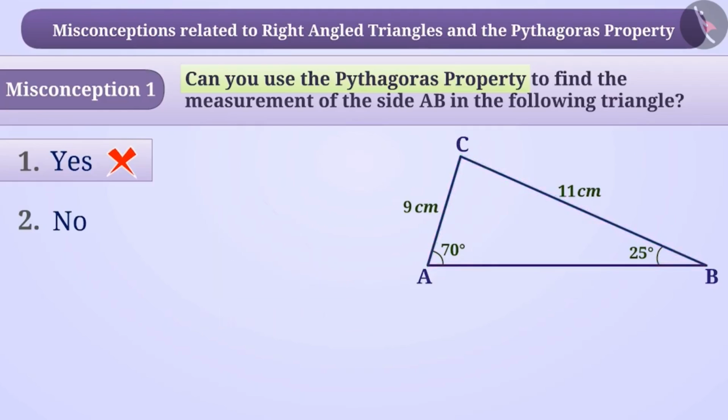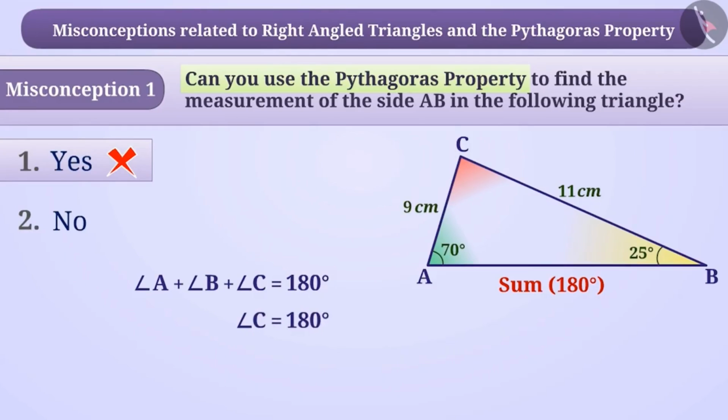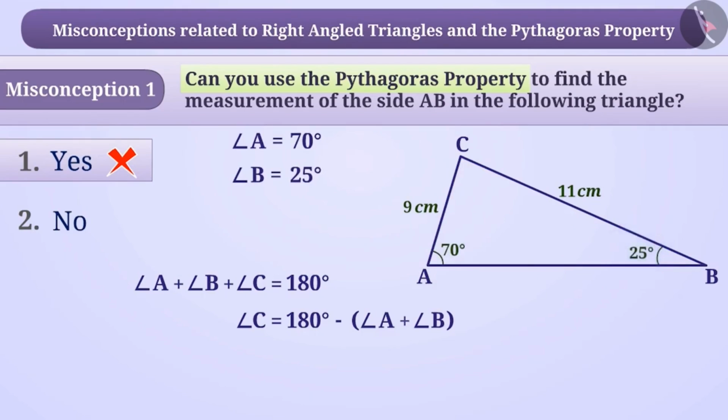We know that the sum of the 3 interior angles of a triangle is 180 degree. That is, angle A plus angle B plus angle C is equal to 180 degree. Angle C is equal to 180 degree minus the sum of angle A and angle B. In triangle ABC, angle A is equal to 70 degree and angle B is equal to 25 degree.